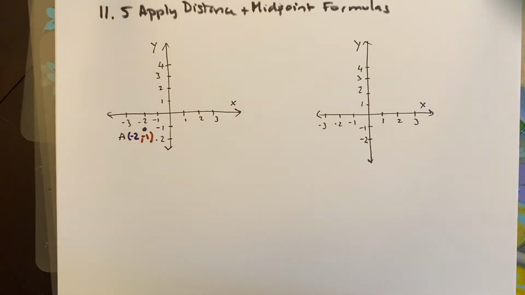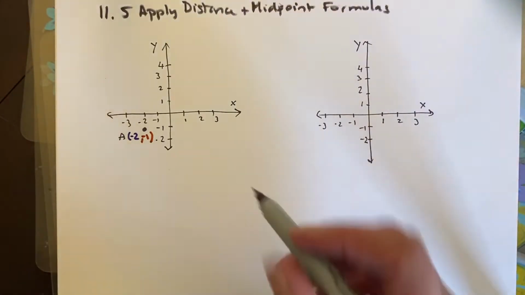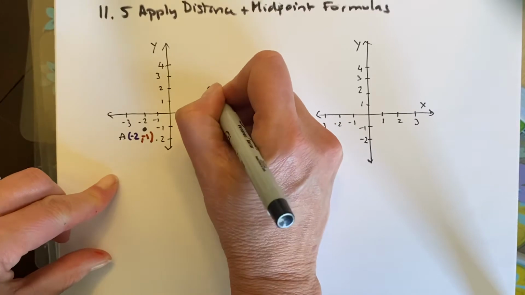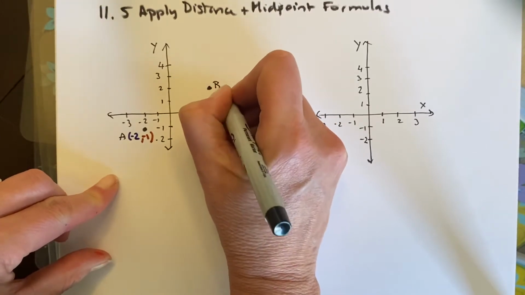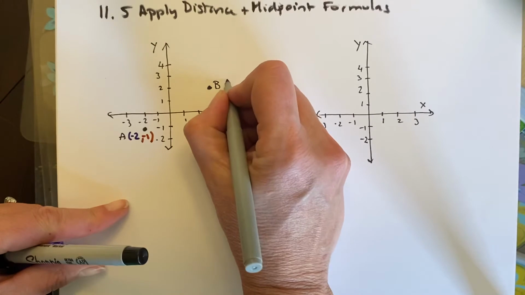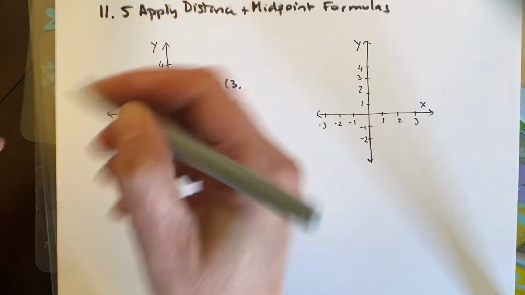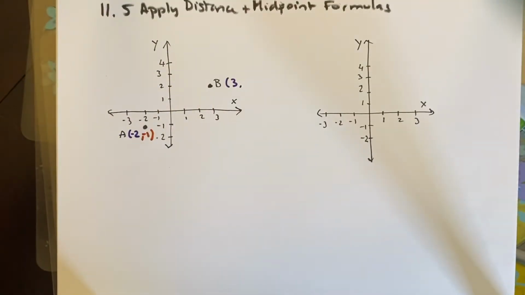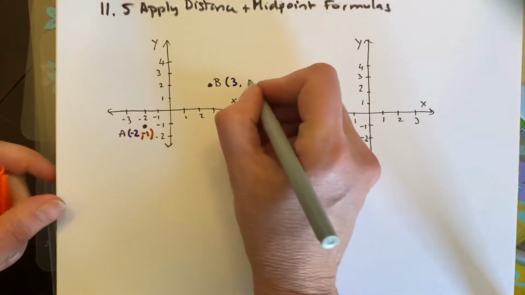I'm going to draw B at the point 3, 2. So 3, 2 is going to be here. That's going to be B. And you'll notice I'm doing X in purple and Y in orange to distinguish them. So that's the point 3, and this is the point 2.